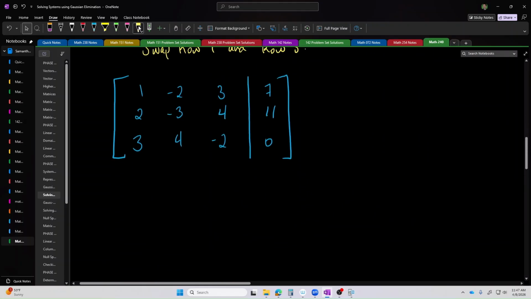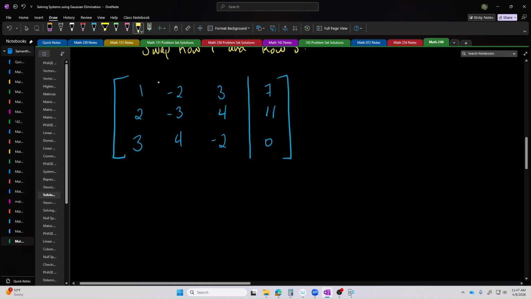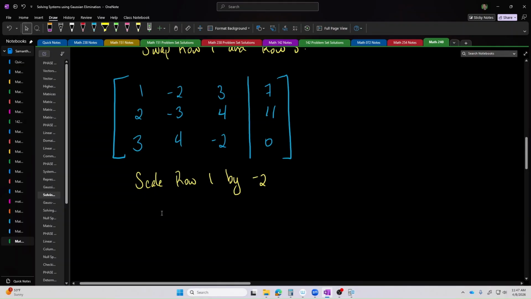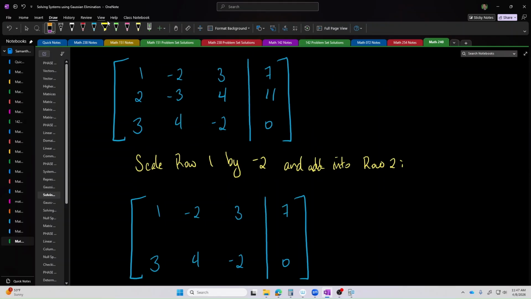process by hand. So now to eliminate this 2 underneath the 1 in the first column, create a pair of opposite terms by scaling row 1 by -2 so that I get a -2 here to cancel out this +2. And then I'm going to add that into the second row. So let's see, that's 1 times -2 plus 2.